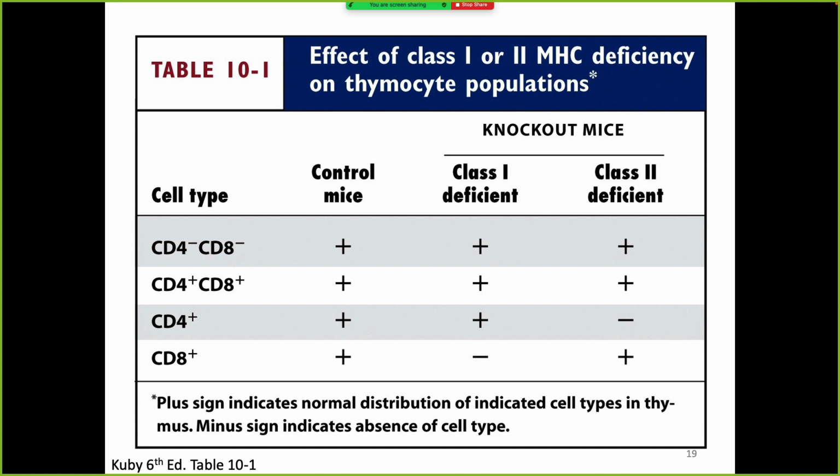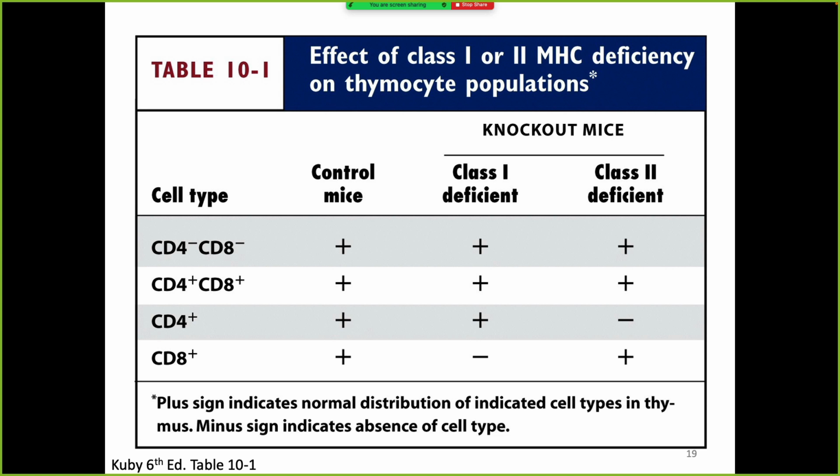Maybe in order to become a CD8 T cell, maybe it went like this. So we know that it actually goes like this, where you go from double negative to double positive, and then to single positive. But they didn't know that. So maybe it went like this. Like, maybe in order to have CD8 here, you had to have it here first. They didn't know.